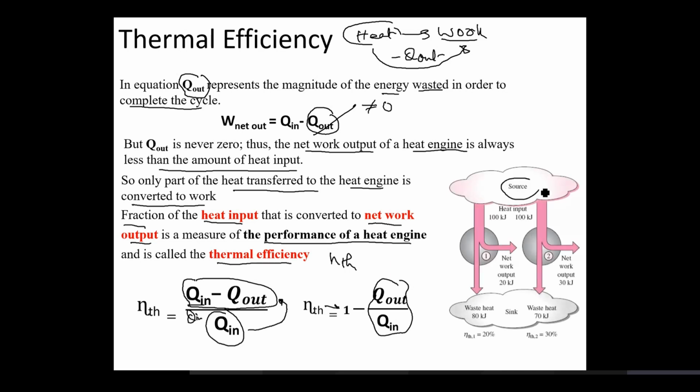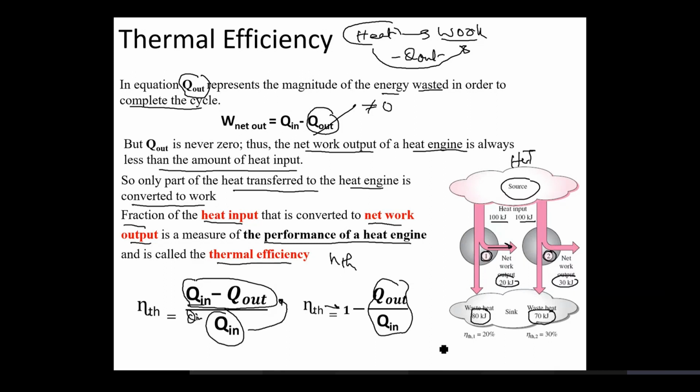If you have a source at high temperature providing heat to two heat engines, engine 1 and engine 2, with the same amount of heat input. Engine 1 converts 20 kilojoules as the net work output, and engine 2 converts 30 kilojoules. So engine 1 is essentially rejecting 80 kilojoules of the heat provided, whereas engine 2 is rejecting 70 kilojoules.